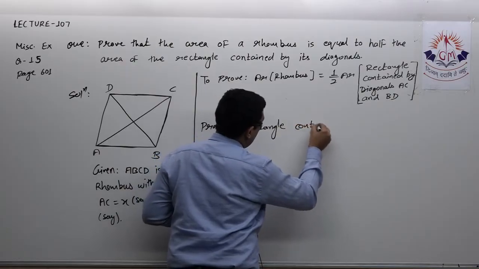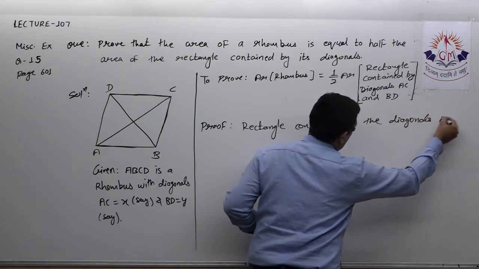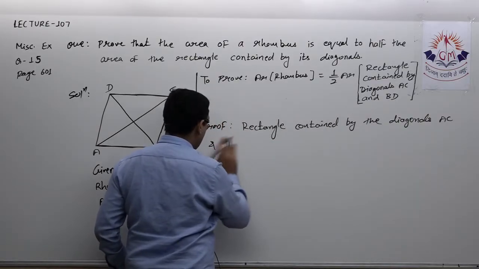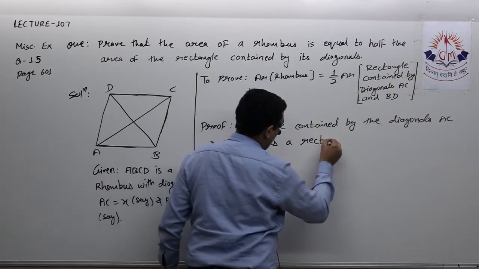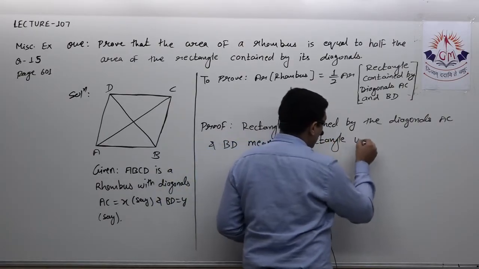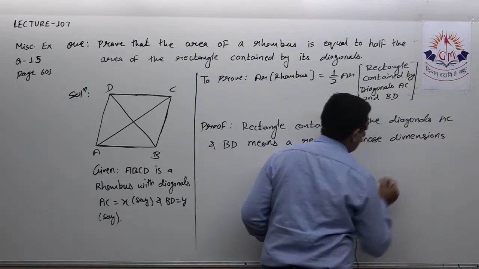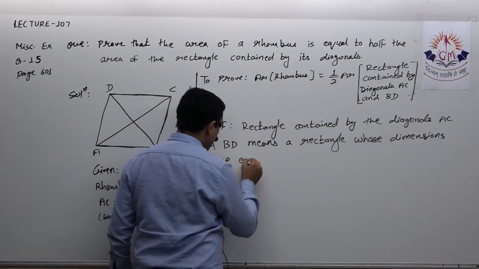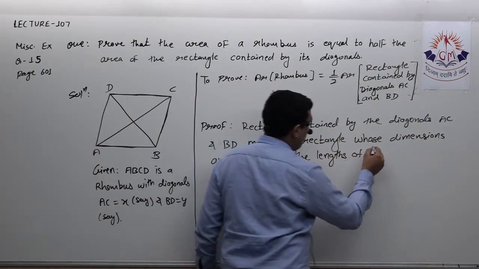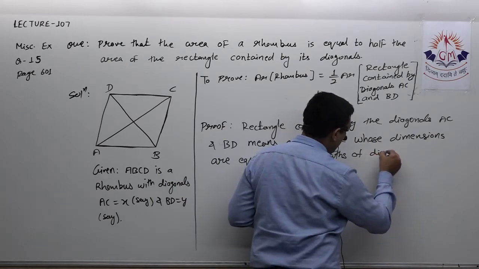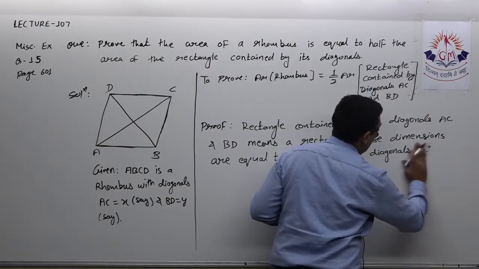Okay, so rectangle contained by the diagonals AC and BD means a rectangle whose dimensions are equal to the length of the diagonals of the rhombus, the length of diagonals AC and BD, or simply the length of the diagonals.